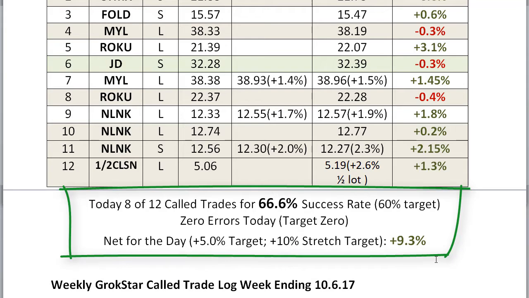That's net on our risk. So if we're investing $10,000 per trade, for every 1%, we would make $100. Again, we have a 1% stop. We're risking $100. That's okay. So we ended up at the end of the day $930 in our model portfolio on these called trades. Not bad work for 2 hours worth of work, wouldn't you say? That's about, what, $450 an hour? Nice work if you can get it, right?